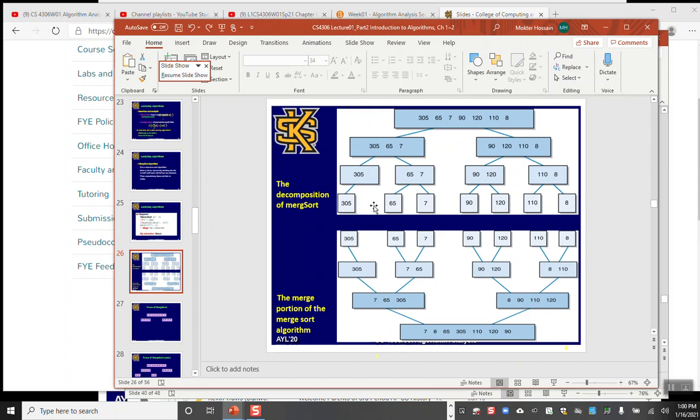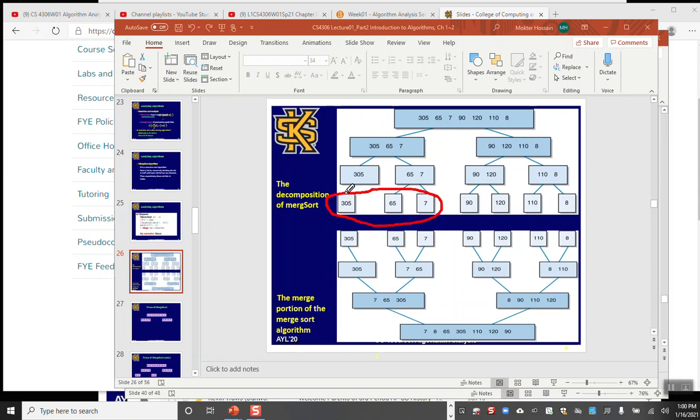This is a single element sublist, this is a single element sublist, and this is a single element sublist. And whenever we get a single element sublist, we move to the right sublist. This sublist will be split again, and this one will be split again, and we will get sublists split into single elements, right?